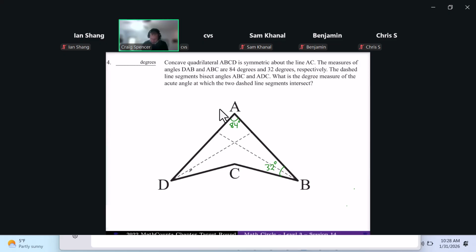But because these are going to bisect the angles, these line segments here are going to split these angles in half. So if I want to figure out what one half of this is, well, two of these together are 32 degrees, so one of them is going to be 16 degrees. So each one of these is going to be 16 degrees.